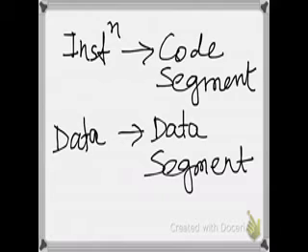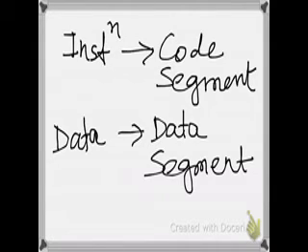So you have a code segment which will consist of the instructions, and you have a data segment which will consist of the data. So when this is stored in main memory, the code segment is kept together and the data segment is kept together.